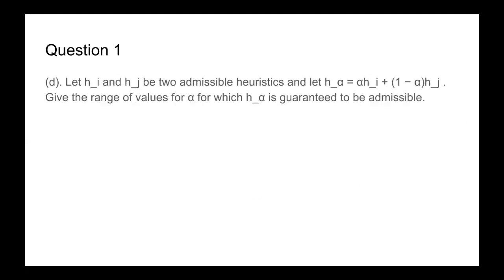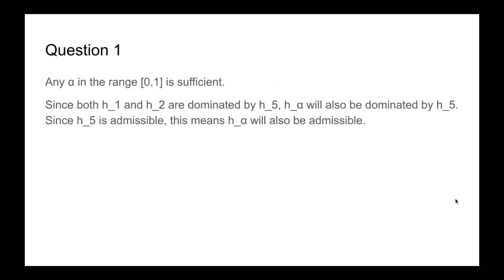Okay, so moving on to part D, let h sub i and h sub j be two admissible heuristics. And we can construct a new heuristic h sub alpha, which is just the weighted sum of h sub i and h sub j. Give the range of values for alpha for which h sub alpha is guaranteed to be admissible. So if we're looking at the possible ranges, we want to have alpha be in the range 0, 1.